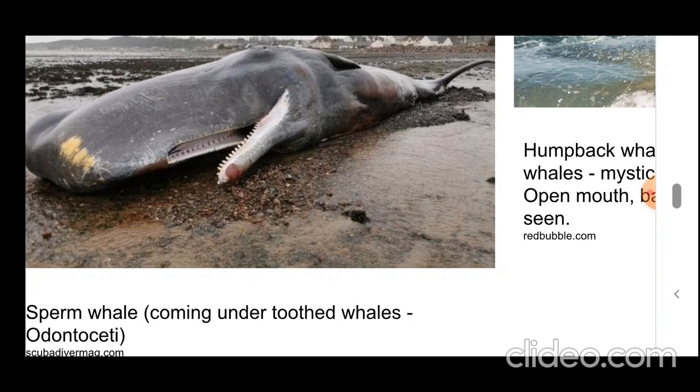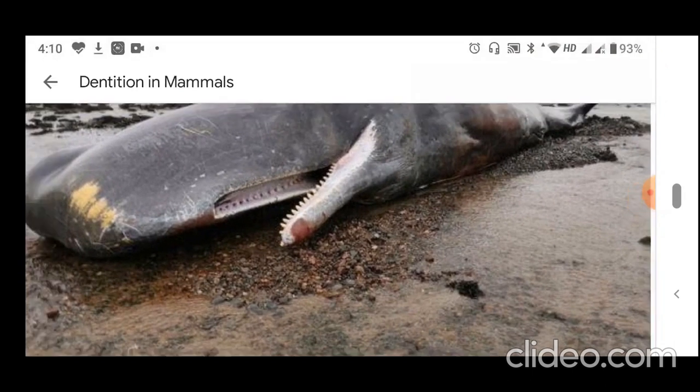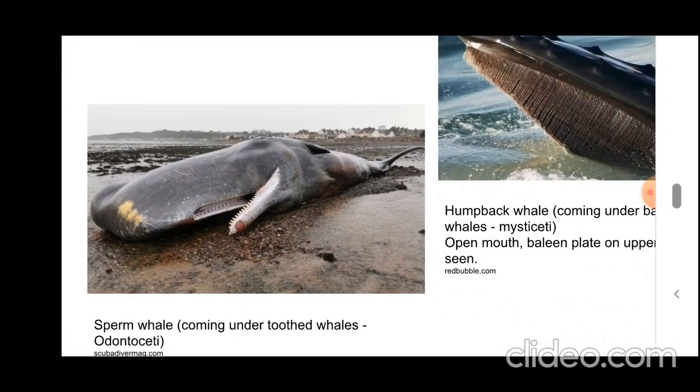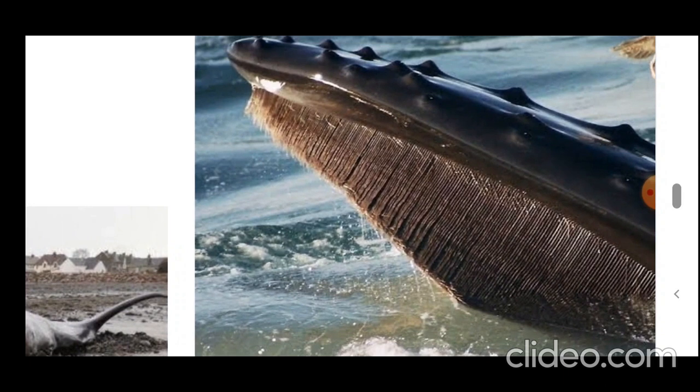You can see the teeth inside the mouth. But in the case of the humpback whale, which comes under baleen whales, the fetal teeth are replaced by the baleen plate, a complex structure. This image shows the upper jaw of the humpback whale, and you can see the baleen plate here. It is to strain planktonic organisms from the water.